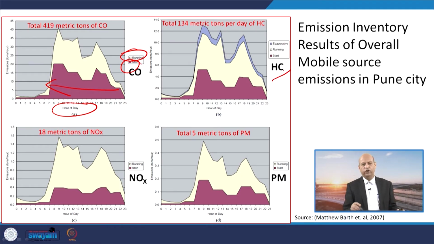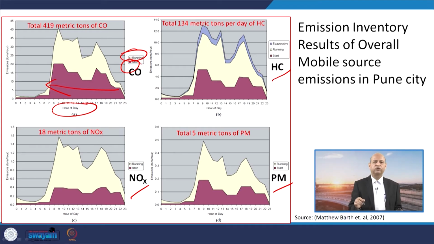Hydrocarbons, basically evaporative hydrocarbons or VOCs, are also there from leakage etc. So that is considered in the case of hydrocarbons; otherwise only two categories have been there, startup when the vehicle is starting and when it is running. All these, CO, NOx and particulate matter, are only with these two categories.